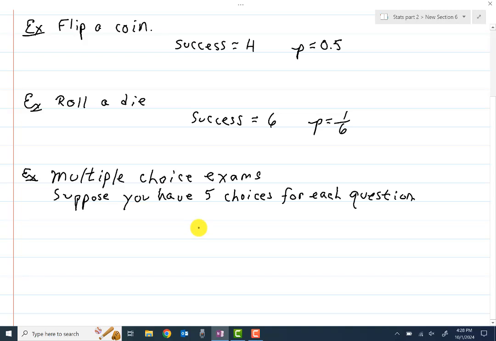For example, on question number 1, I would have A, B, C, D, and E to choose from.